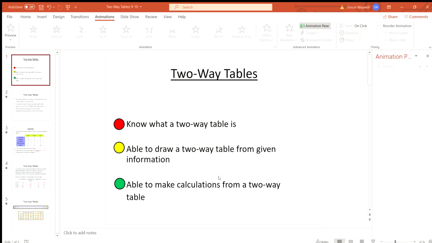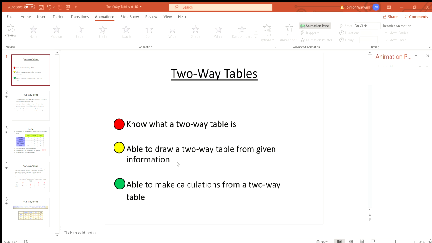So I know 10 boys, 10 men, liked Coronation Street. I'm then going to work out this one here. So I know that in total 47 people watched EastEnders. 12 of those were boys, so I can do a takeaway. 47 take away 12, that means 35 were girls.